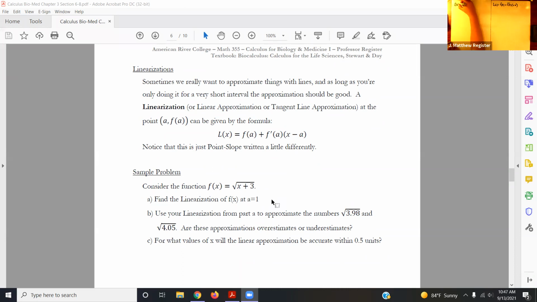F of x equals square root of x plus 3. Part A says find the linearization of f of x at a equals 1. So first thing we're going to do is find L of x at a equals 1. And we can do that fairly quick, I hope.